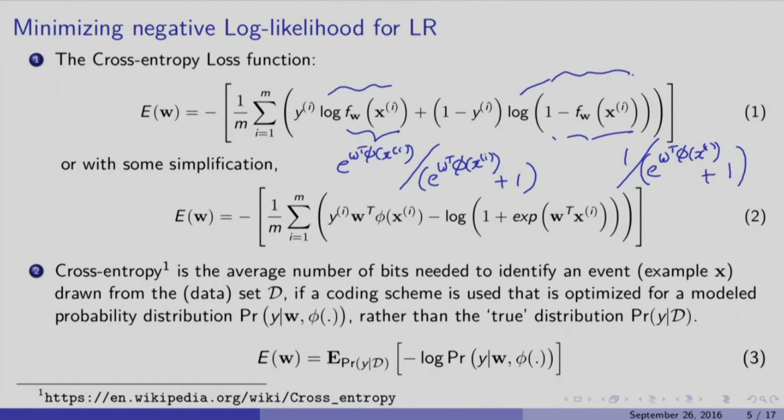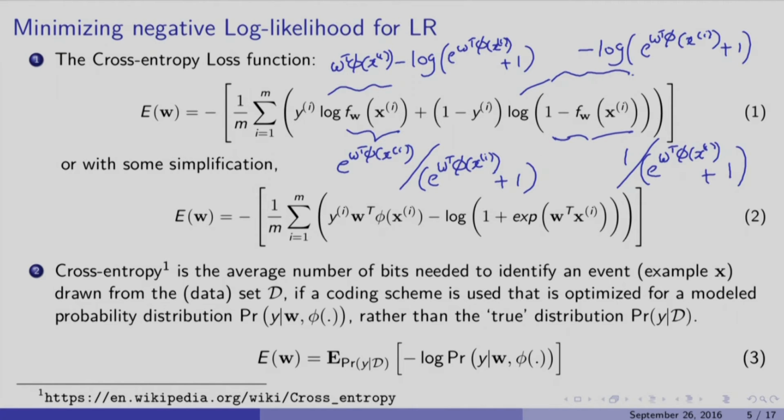So now I can represent the log as follows: w transpose phi xi minus log of e raised to w transpose phi xi plus 1. Likewise the second term will just become log of 1, which is 0, minus log of e raised to w transpose phi xi plus 1. So these will be our final expressions.